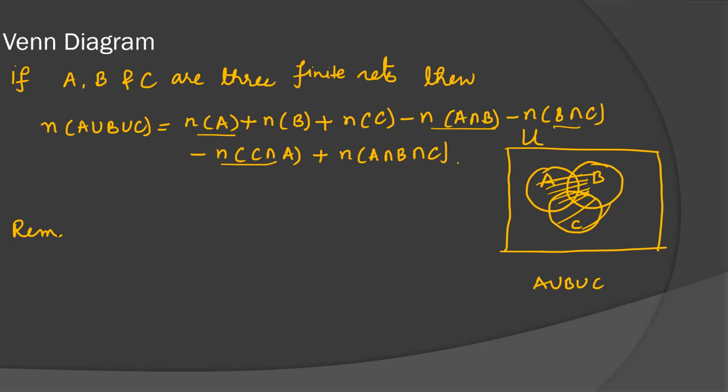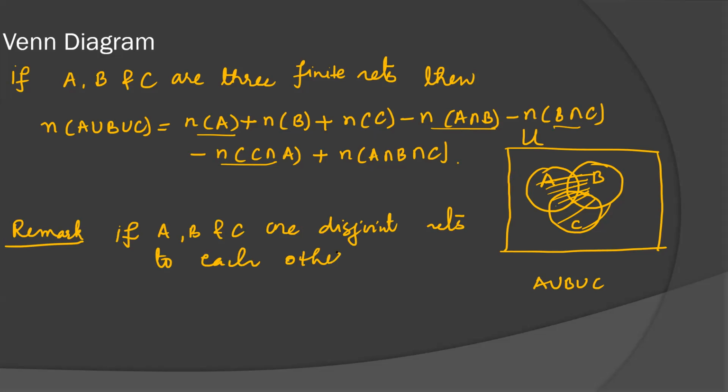Similar remark: if A, B and C are disjoint sets to each other, then the intersection parts are going to be 0, or the empty set, you can say the number of elements is going to be 0.